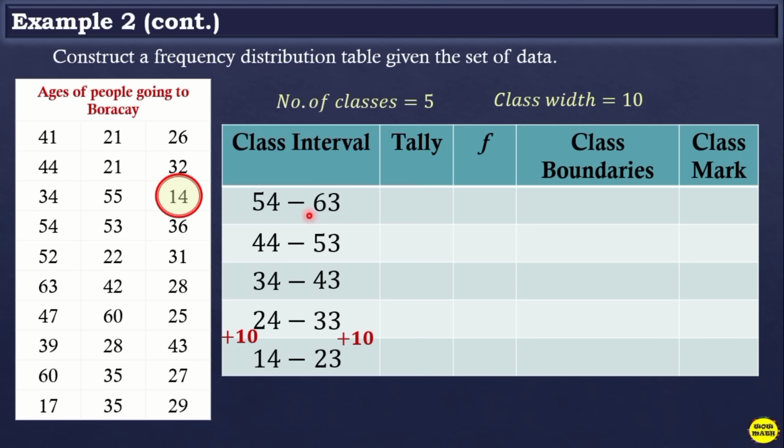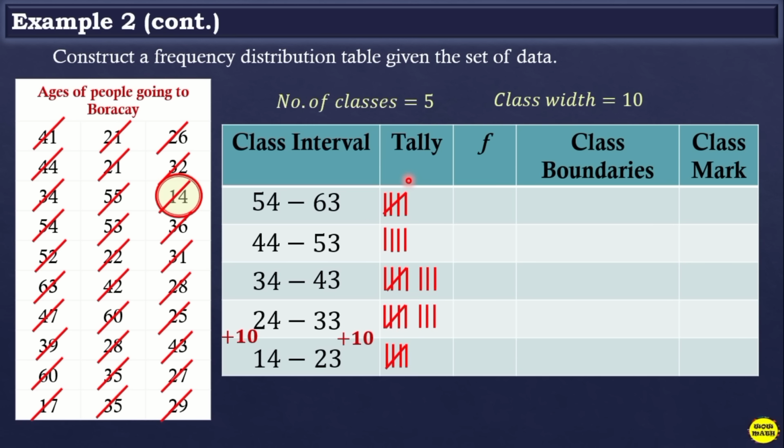Okay? Now, kunin natin ang tally. So, tally natin isa-isa. We have 41, 44, 34, 54, 52, 63, 47, 39, 60, and 17. Okay, and then sabay-sabay na natin ito. Okay, so we have our frequency 5, ito 5, and then 8.